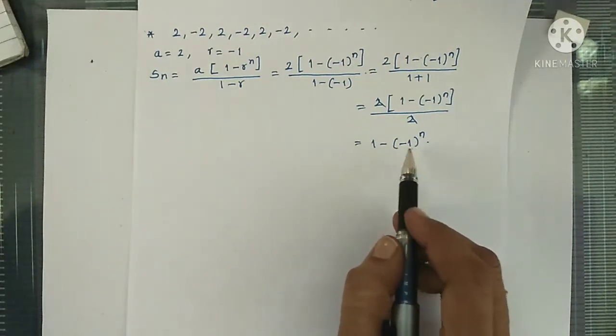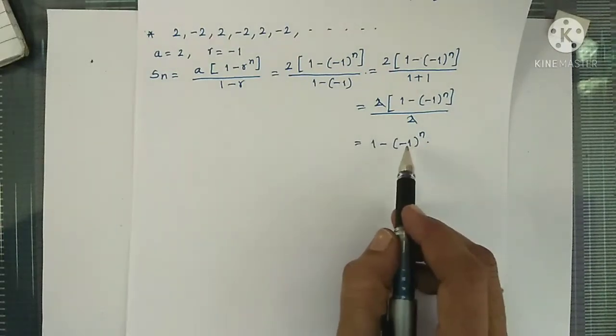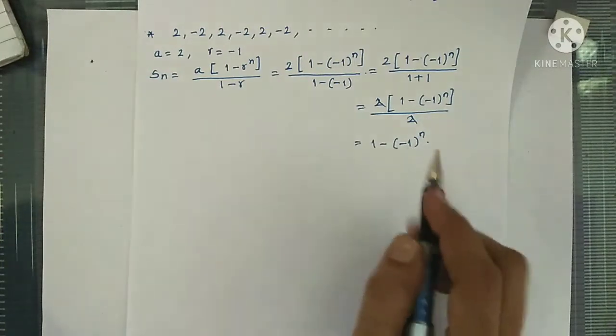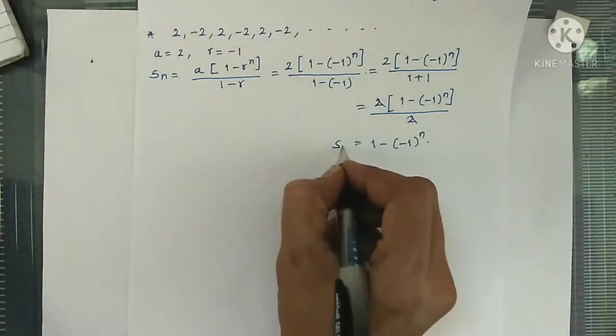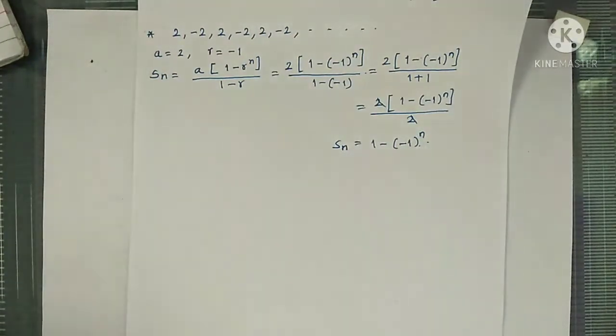So this value may be 1 or minus 1 depending upon n. If n is even, it is 1. If n is odd, it is minus 1. Okay. So therefore, Sn is 1 minus (minus 1) raised to n. We have to write like this only.